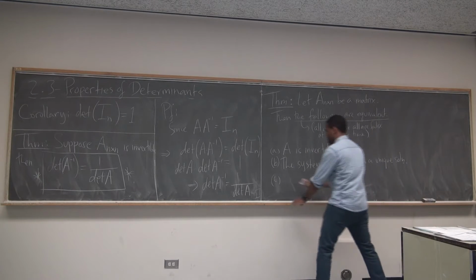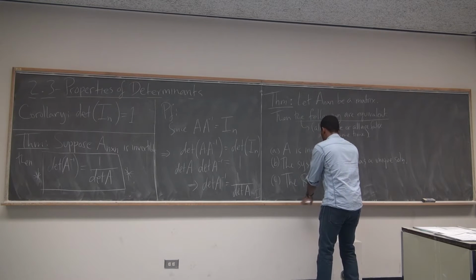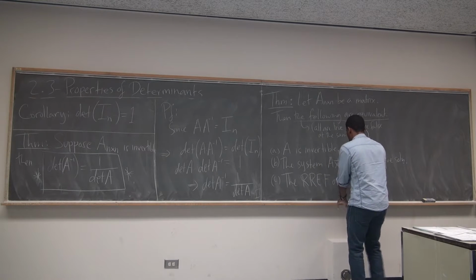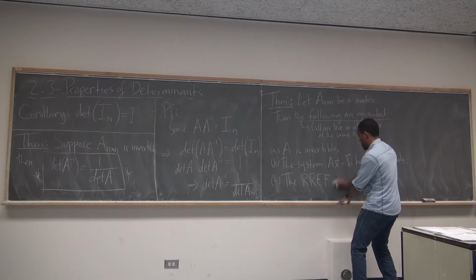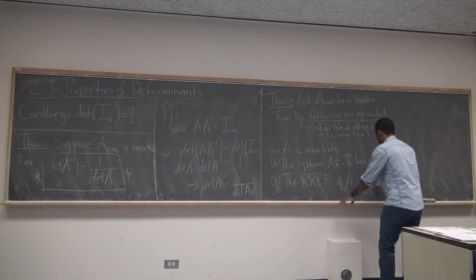So the reduced row echelon form of A is the identity.